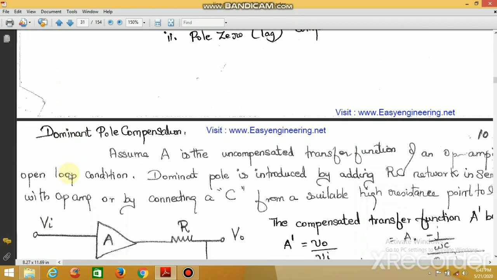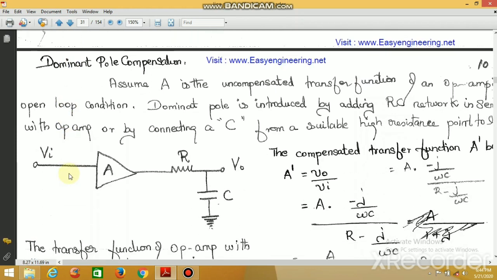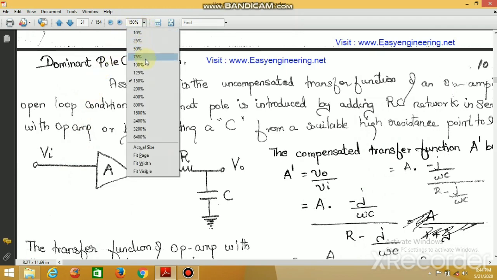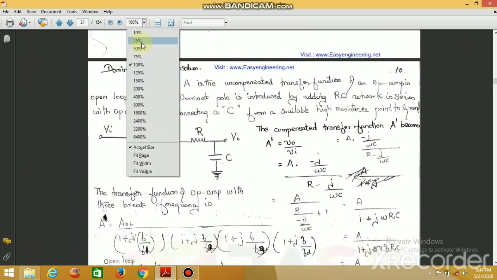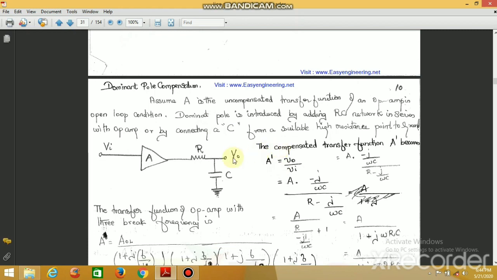We can go for the dominant pole compensation. The pole here is nothing but the RC. I have already informed you that pole is nothing but the RC. So this RC is calculated as pole, and this R and C together are added at the output end of the amplifier. Here we have to assume A as the uncompensated transfer function, or uncompensated gain, of the op amp in the open loop condition.